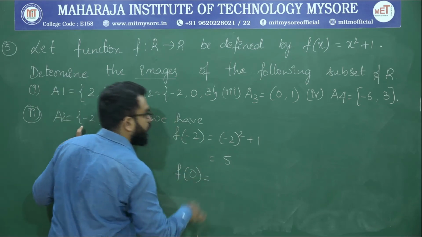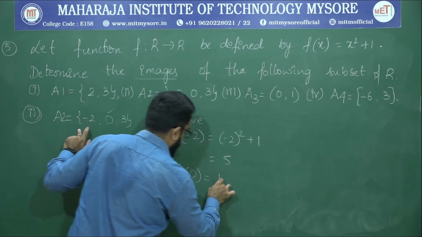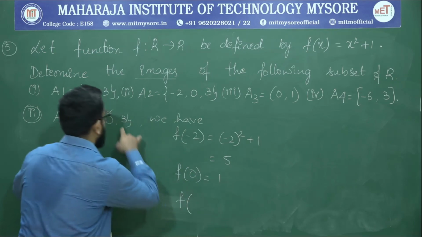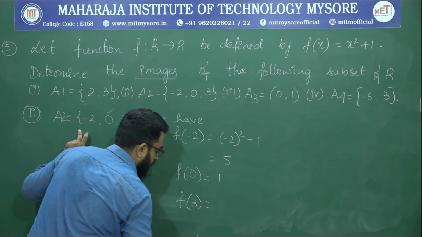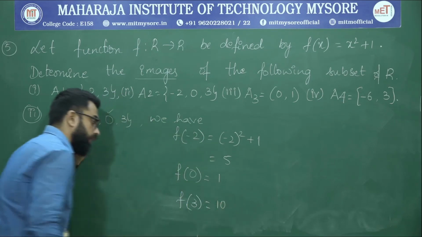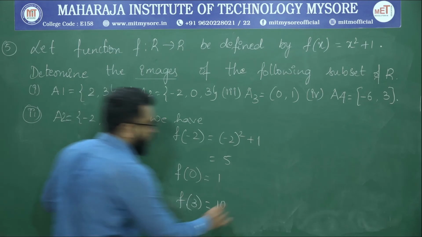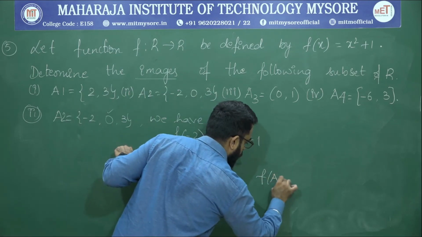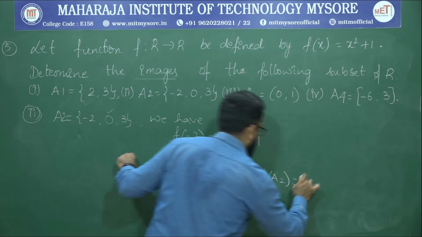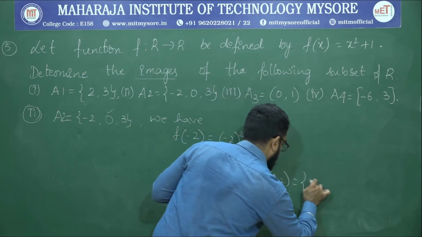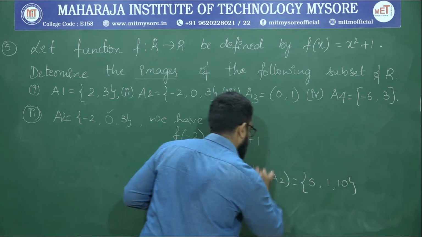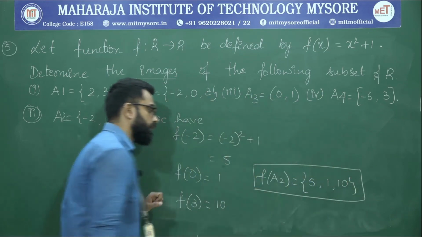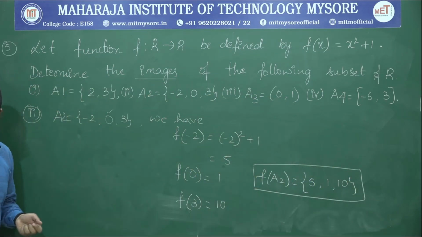F of 0, replacing x by 0, this gives you 1, and next it is 3. In the previous case you already solved it for 3, so it was 10, and it is the same here. So what is f of A2? This set is {5, 1, 10}. So this is the set for the range of the subset A2.